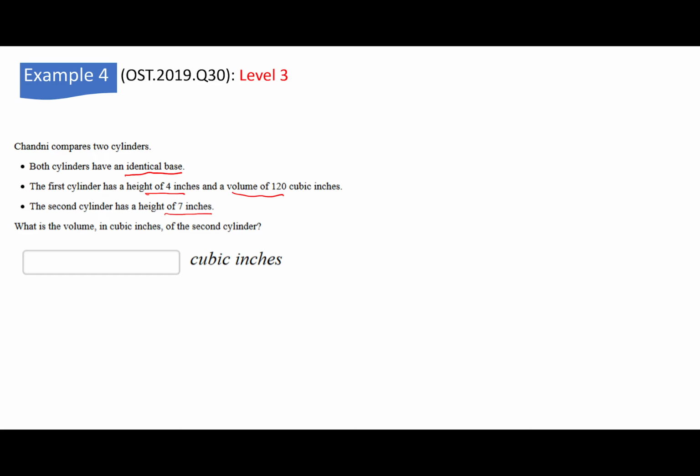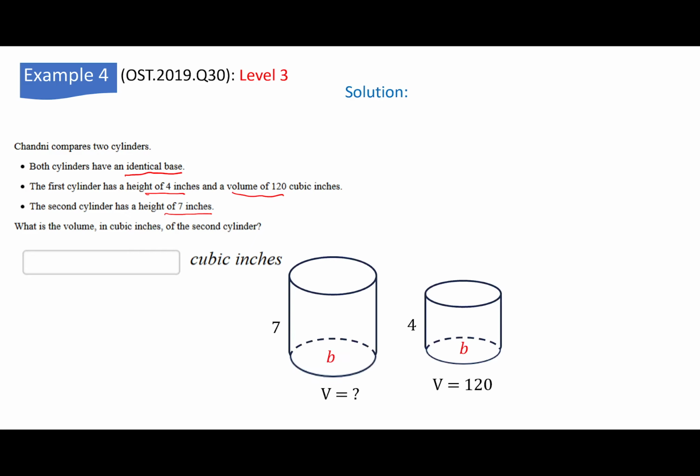Now, for problems like this, it's recommended that you make small sketches really quickly. So you do this sketch, that's the base, the same as the base here, and that's the height, and that's the volume. Those are given.